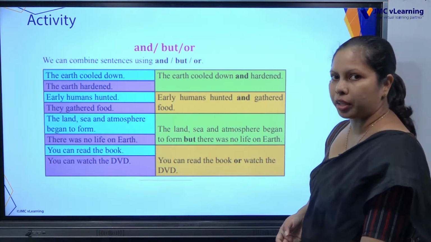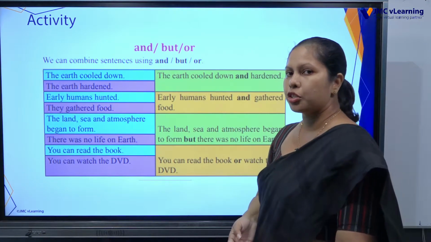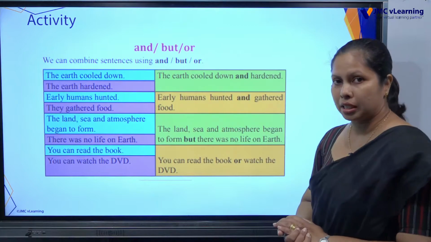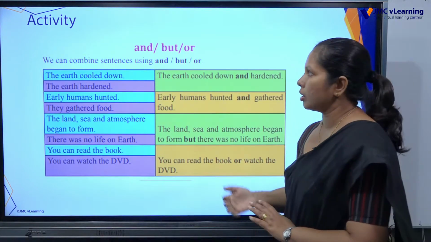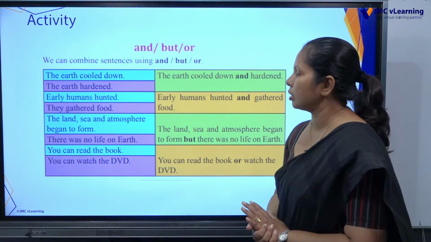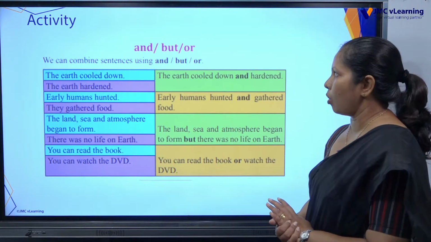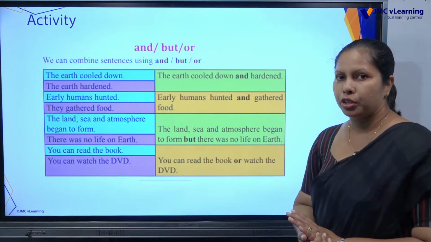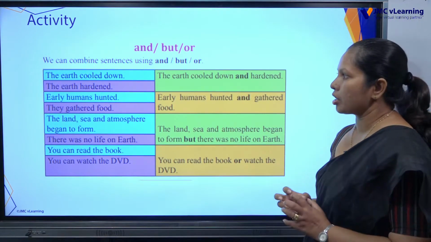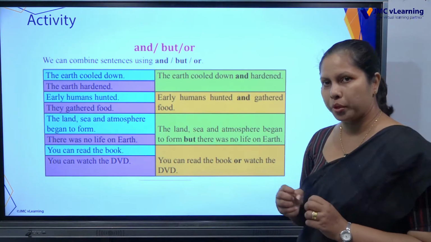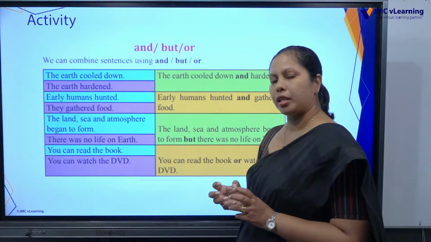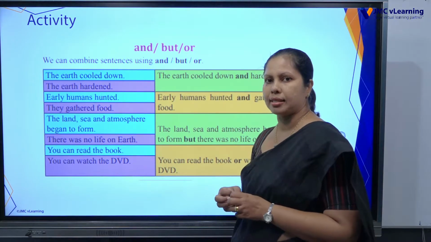So I told you at the beginning of the lesson that you will be learning about conjunctions. So in this exercise you will learn about the conjunctions and, but, or, how we should use them. A conjunction is a word which we use to combine two or more sentences together.